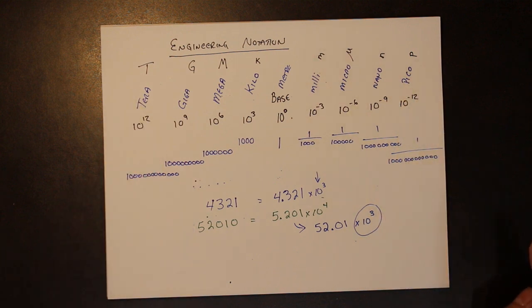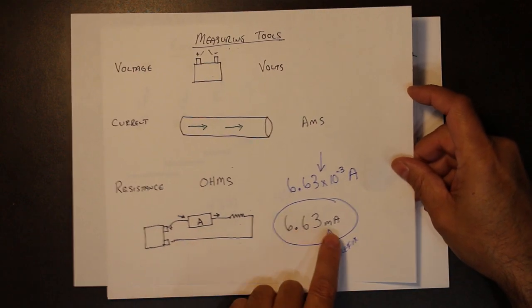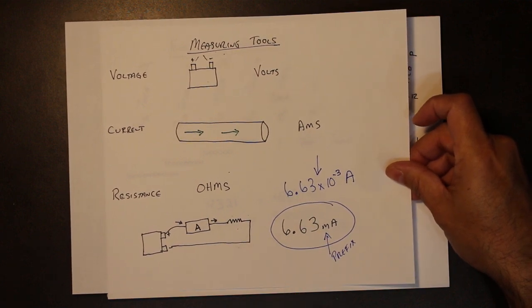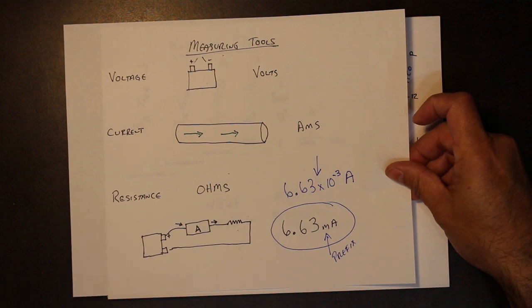So again, when we took a meter reading and we got 6.63 milliamps, that milli is a prefix and it describes the size of the actual value.